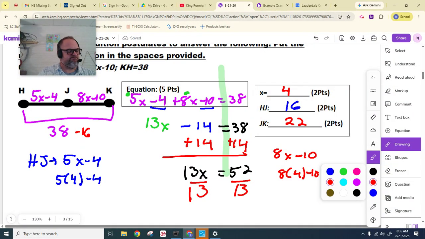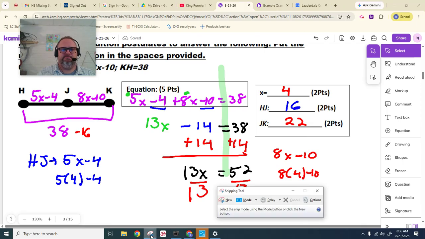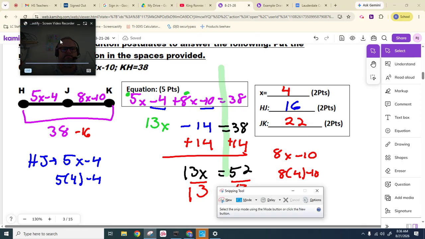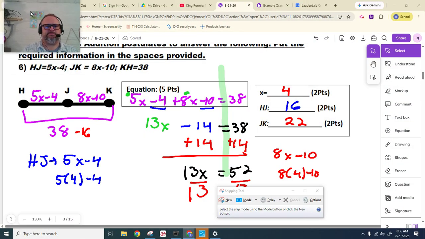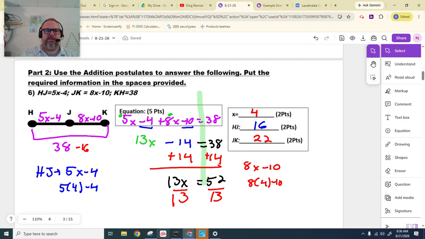So, for my example orange sheet, let me see if I can do this.